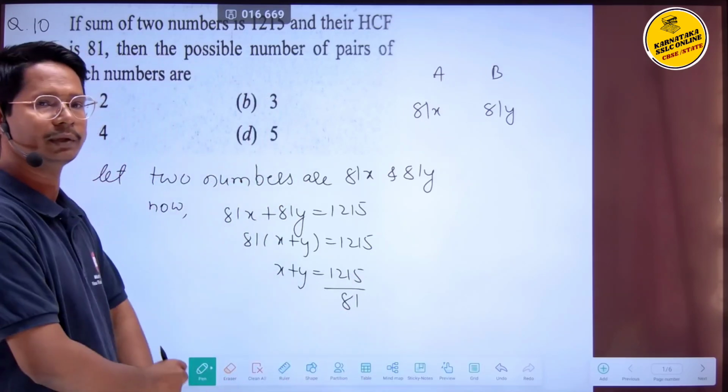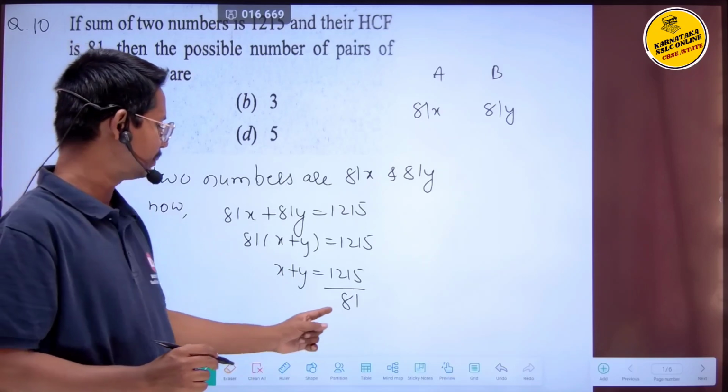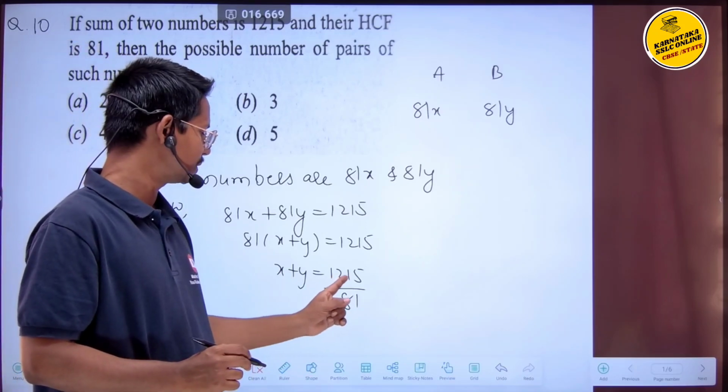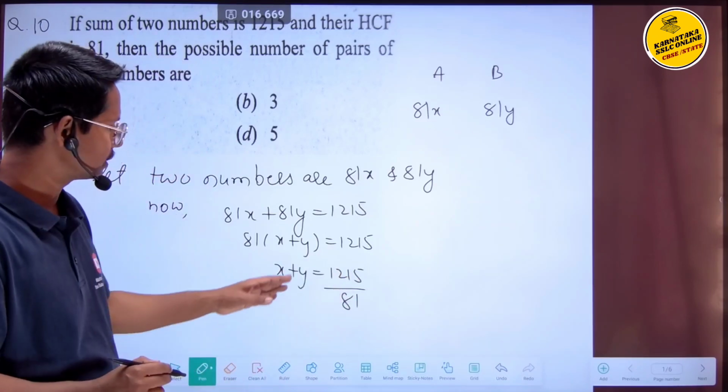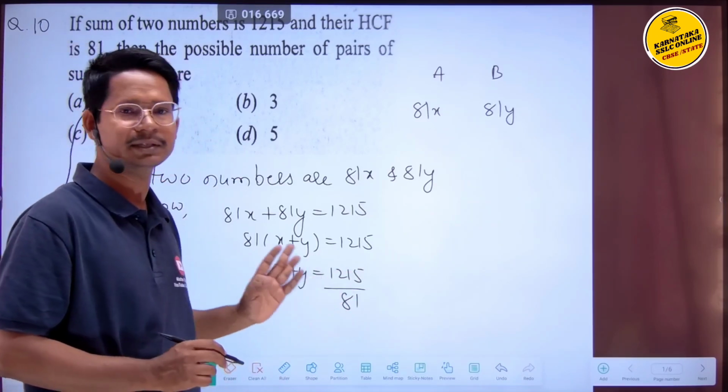Now again you can go with the divisibility rule. 8 plus 1 is 9, and 1 plus 2 plus 1 plus 5 is again 9. Both the digit sums are 9, meaning it is divisible by 3.